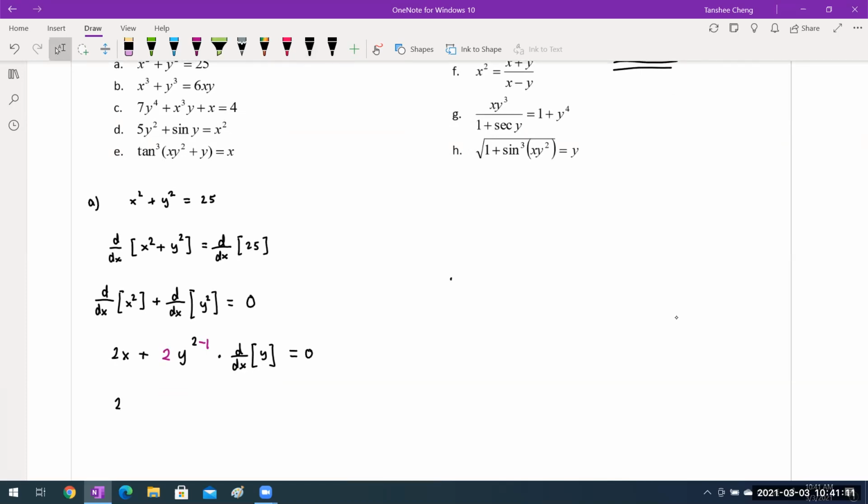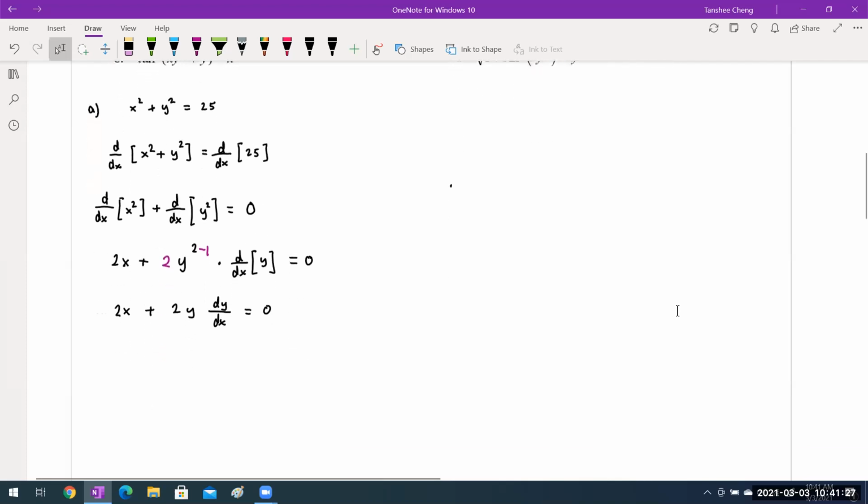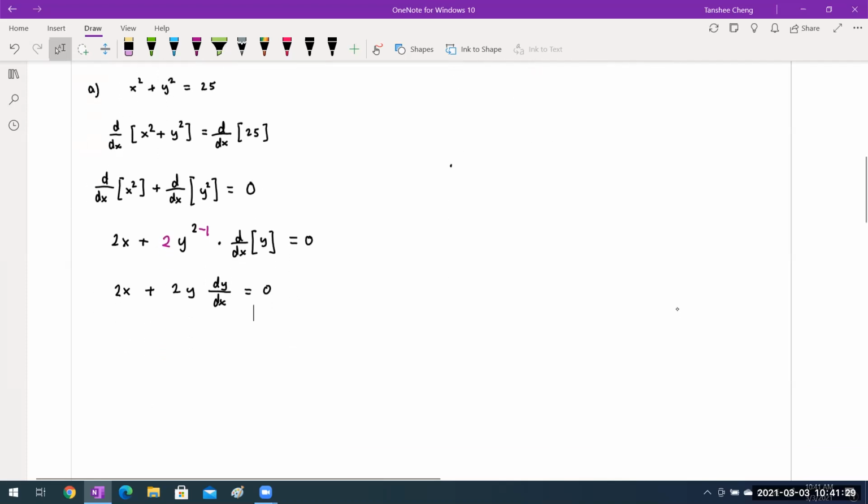The next step will be 2x plus 2y, multiplied by dy/dx, which is basically y prime. Now we're going to solve for dy/dx.